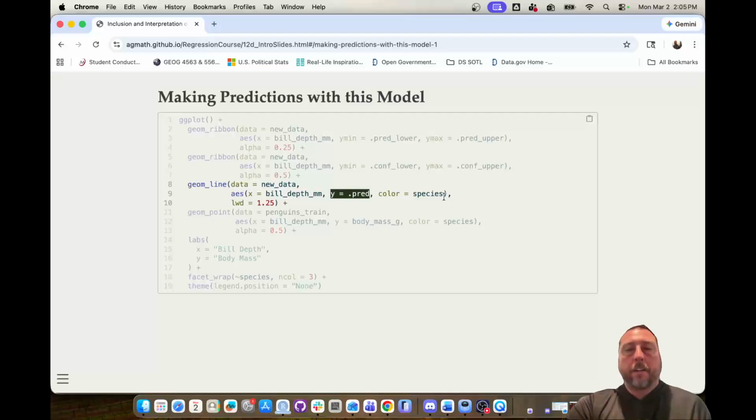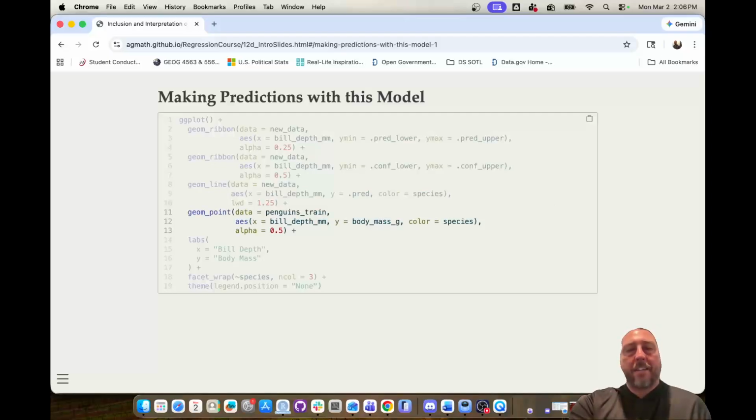And I'm going to color the line by species, which is going to give me one line for each species in my data set. lwd is governing the thickness of the line. 1.25 is saying I want this 125% of the default thickness. So this is making it a little bit thicker than the default line is. So this is adding a line representing my model to my plot.